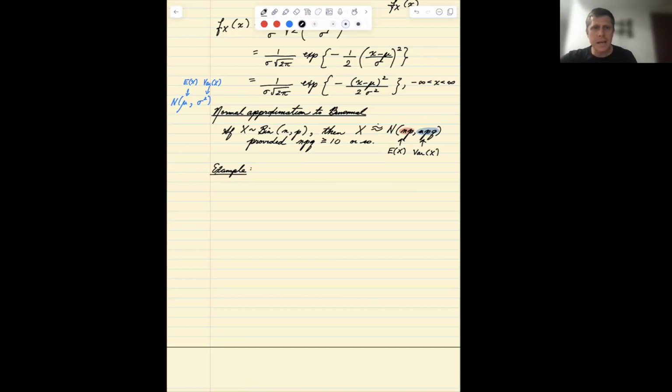So let's do it with an example where we are going to spin a pointer 10 times. And the way this pointer works is it's actually a little bit of a simplification of the case that we saw before.